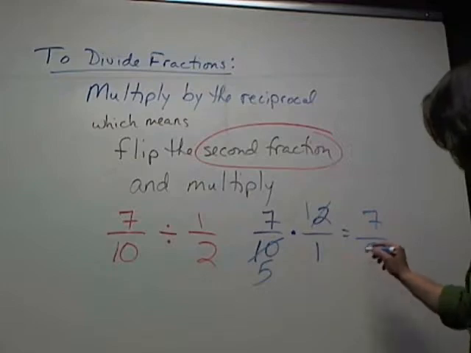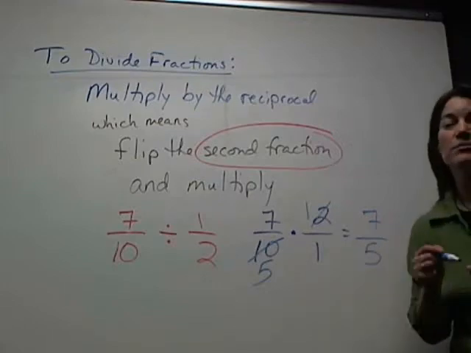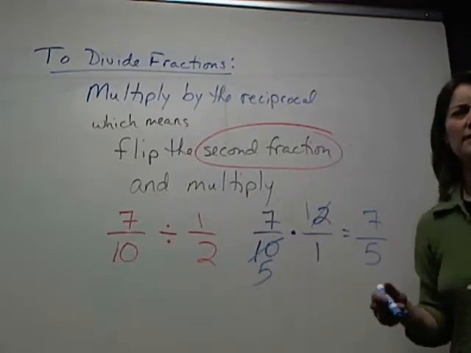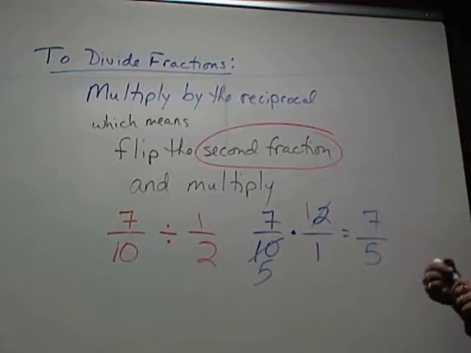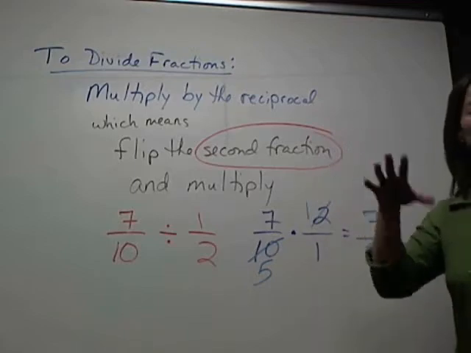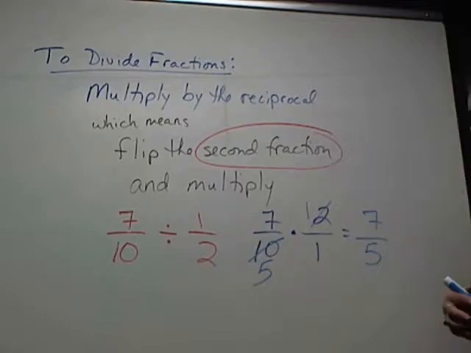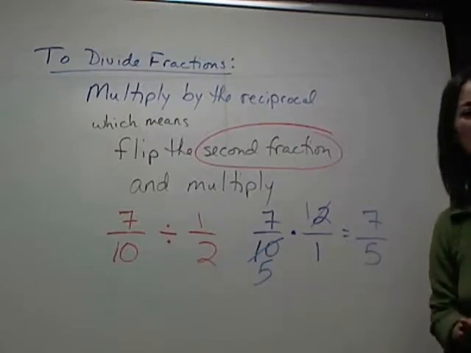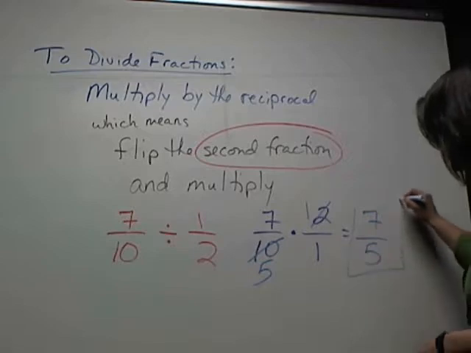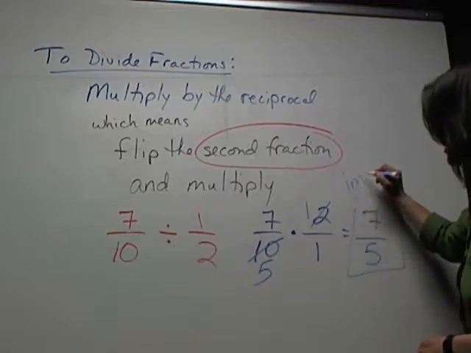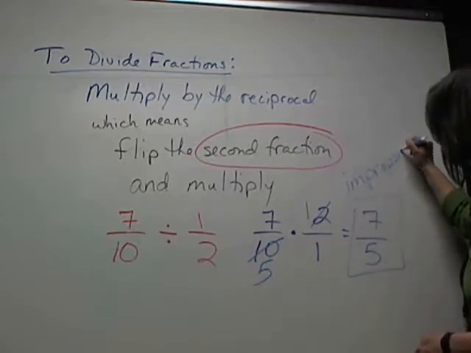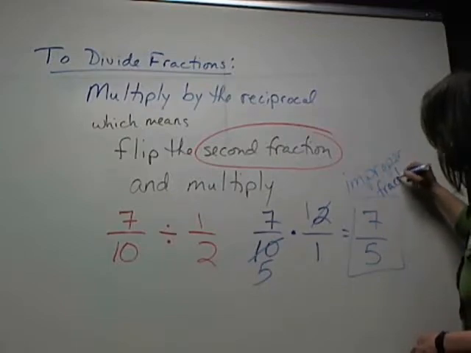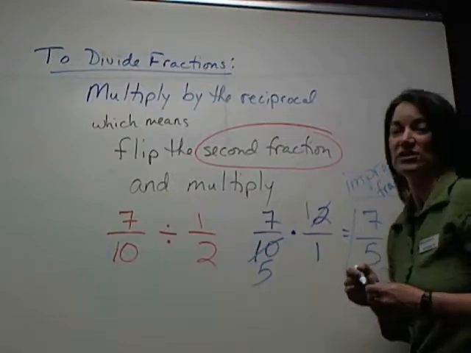Now, I want us to be well prepared for the algebra class, so I do not do anything with 7/5. I know the top number is larger than the bottom number. Oftentimes when we see that, we think that we have to rewrite that as 1 2/5. I don't want a mixed number. 7/5 is called an improper fraction. We like improper fractions.